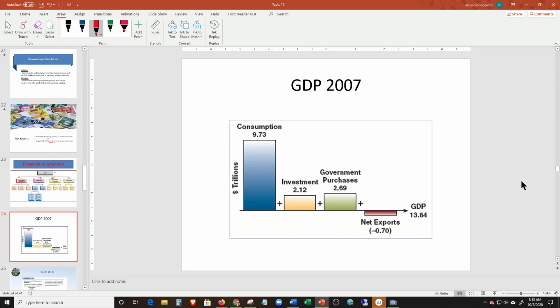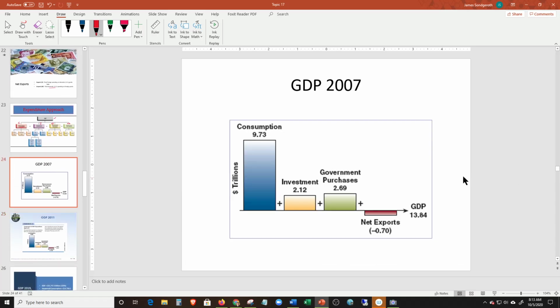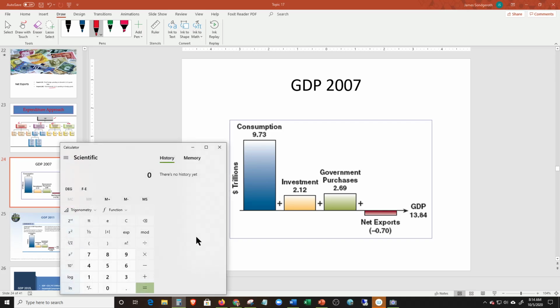This is from 2007. Wow, let me see, 2007, 2011. You can see consumption is the biggest part of GDP. This was right before the big recession. Let's just calculate what part of GDP consumption is.